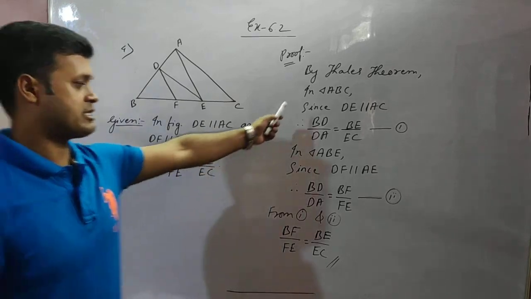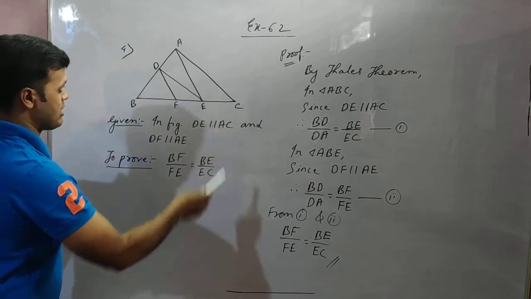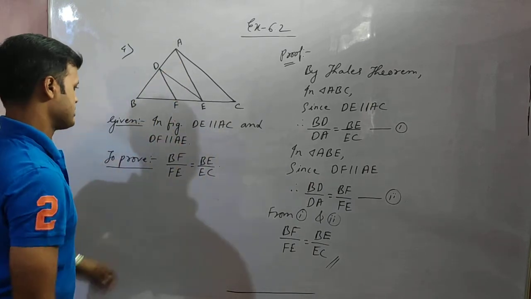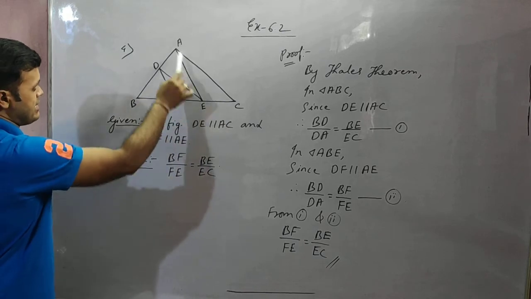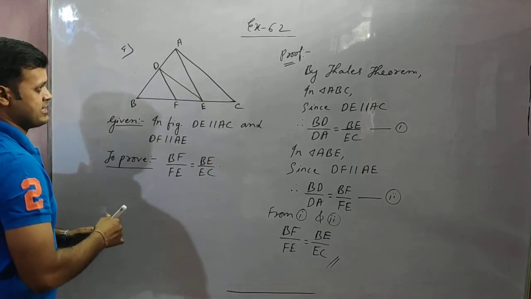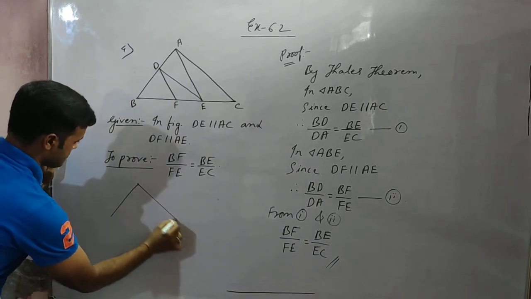So by Thales theorem in triangle ABC, students, if DE is parallel to AC, I am just breaking this diagram for you. Just see.